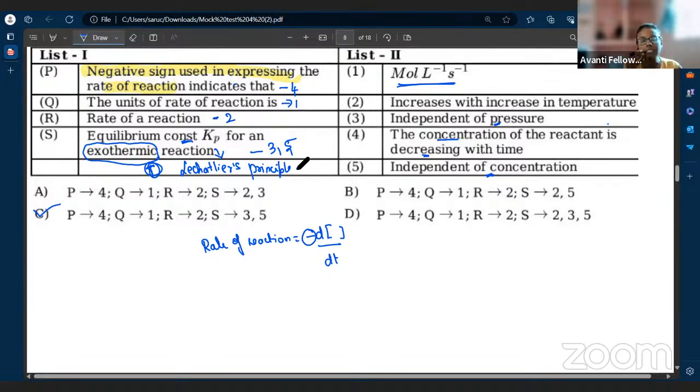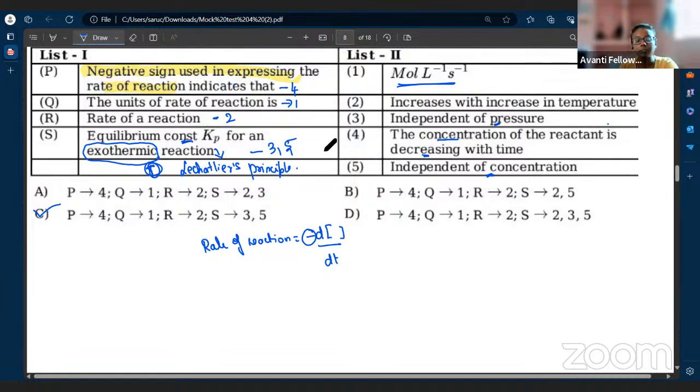Whenever a system is disturbed, that is, when you increase the concentration of the product, or increase or decrease the temperature, or increase or decrease the pressure, the equilibrium will adjust to maintain the equilibrium state.